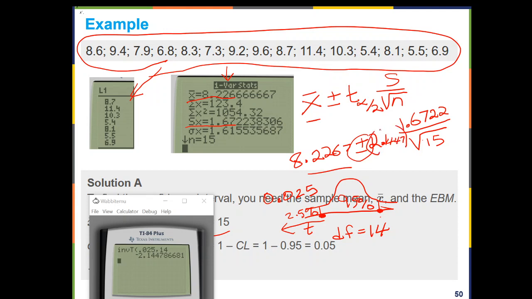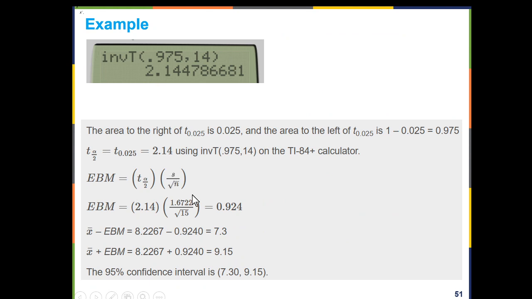That's it. All right? So that's what we're going to get. This is 2 decimal places. So the error would be that much.